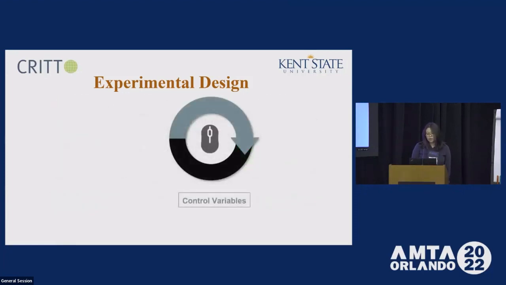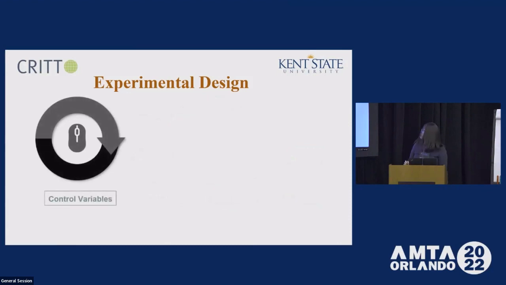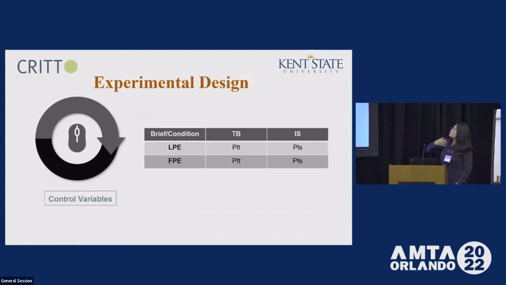And as we said, we controlled two variables. We control the translation brief we provide to our post-editors, and also we control the search conditions they can have access to. For example, we give the translators either a light post-editing translation brief or a full post-editing translation brief according to ISO 18587 criteria.